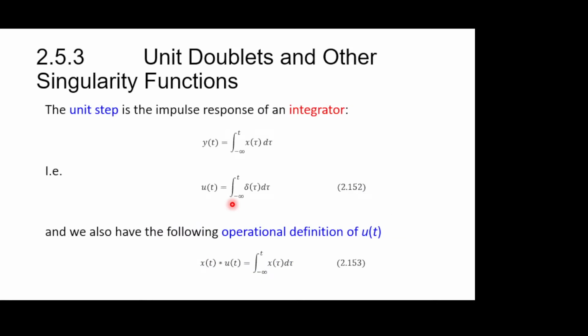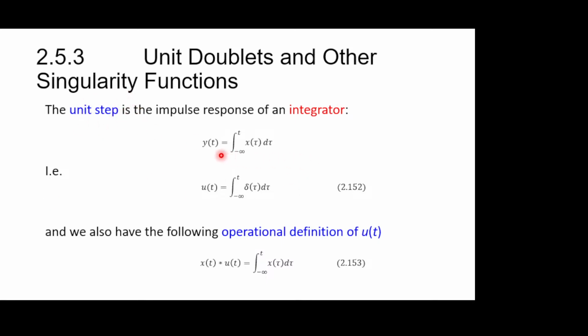The other way of differentiation is integration, so we can also look at the unit impulse response of integration, and that's actually something we already know. That's the unit step function.